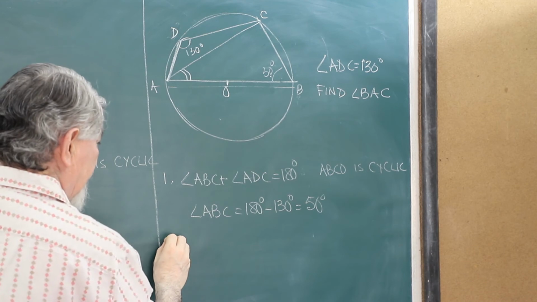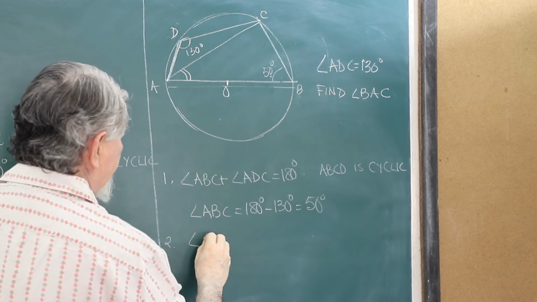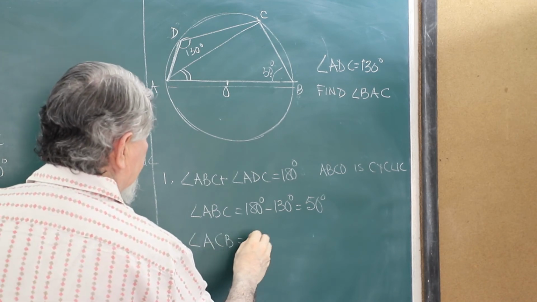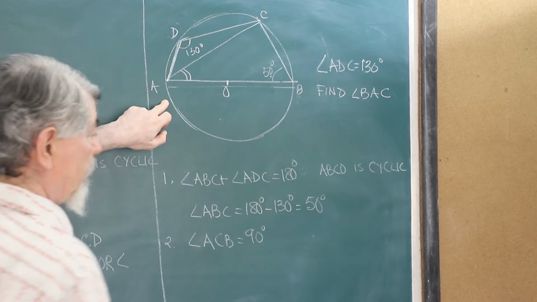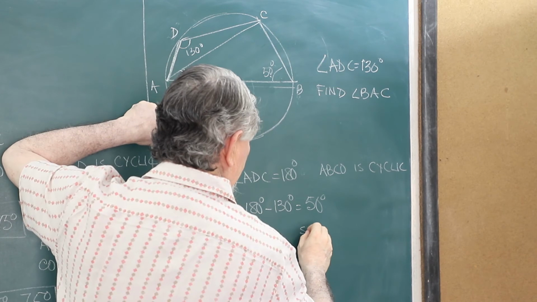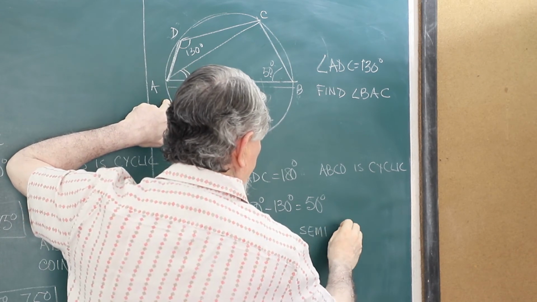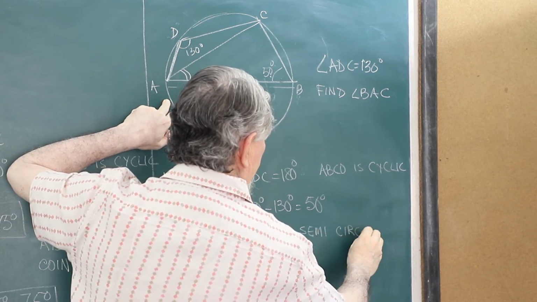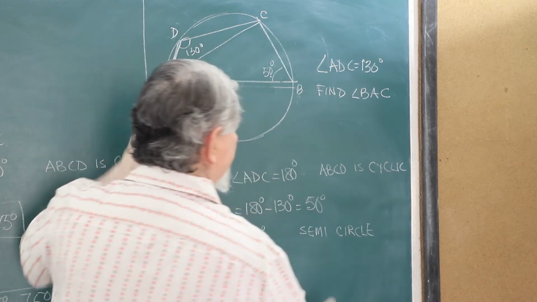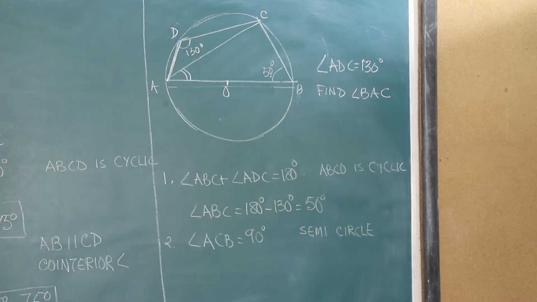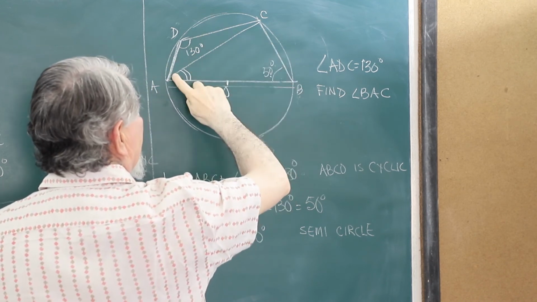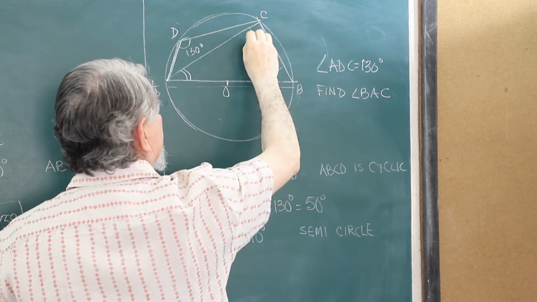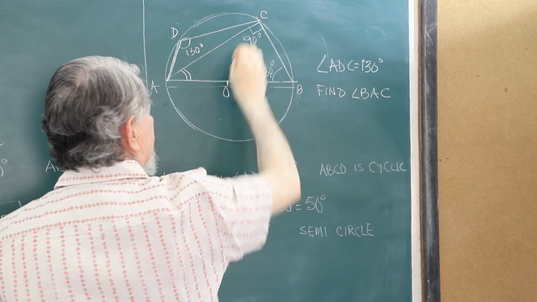Then I would say that angle ACB will be 90 degrees. Why? This is a semicircle, the angle in a semicircle property. What is the semicircle property? The angle in a semicircle is always a right angle. AOB is the diameter and this is the angle in a semicircle. This will be 90 degrees.